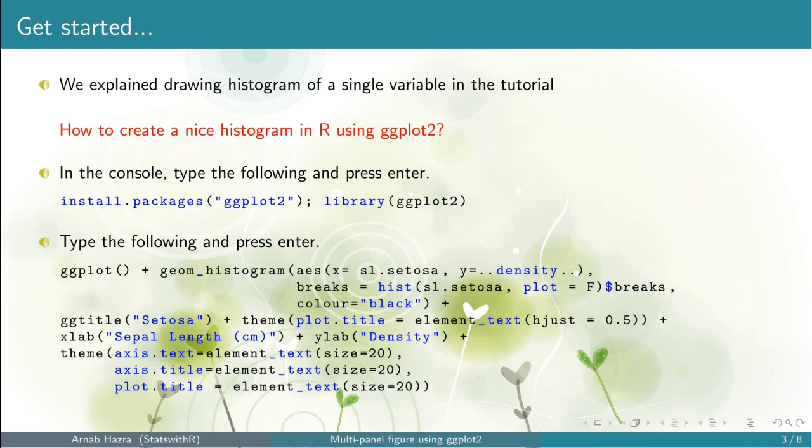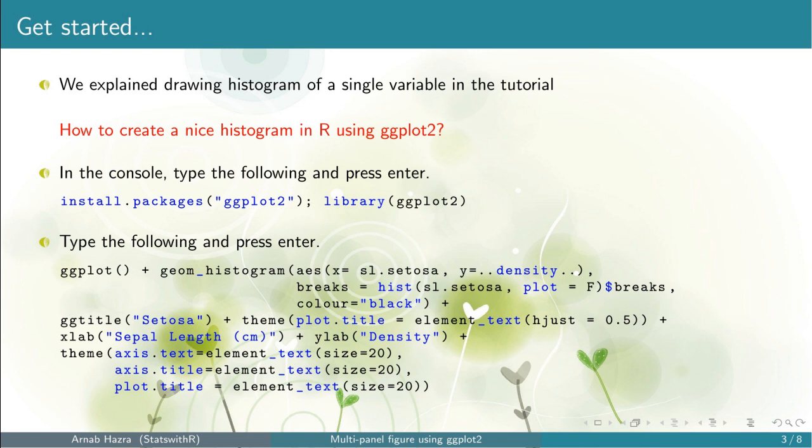The choice of binwidth of the hist function in R is different from the binwidth of the geom_histogram function. This specification ensures that both are the same. Then color equals to "black" within quotes. Without this color specification, the edges of the histogram will not be visible. So far the basic requirements are done.